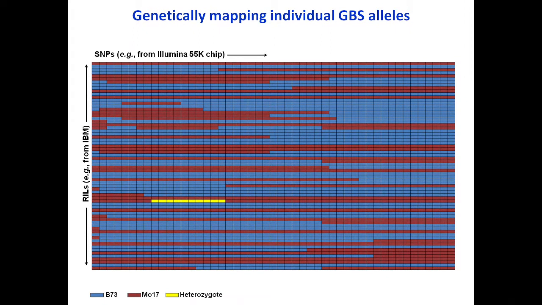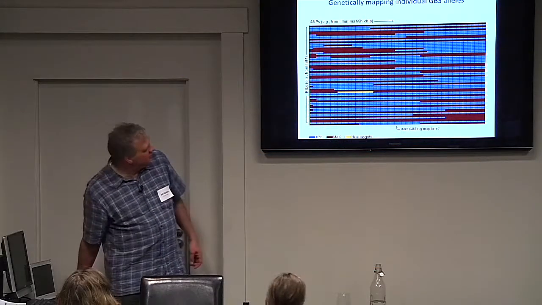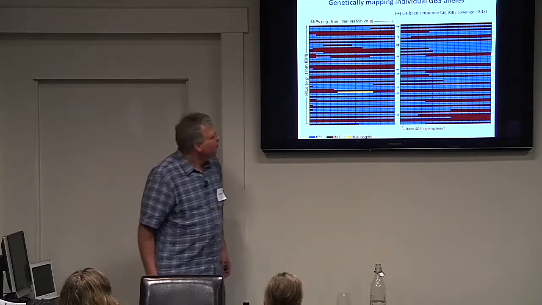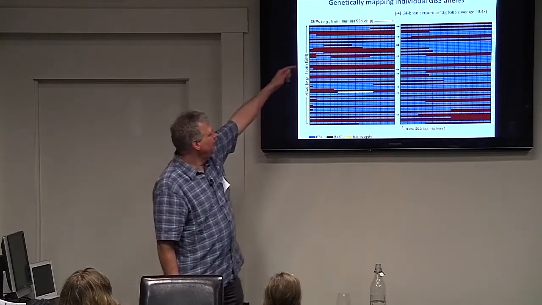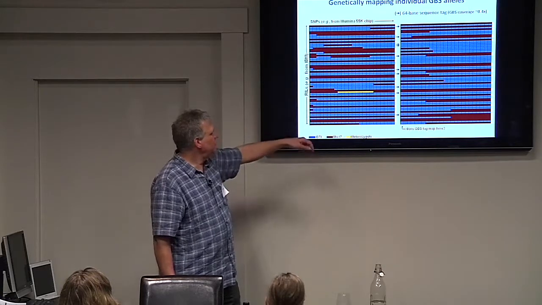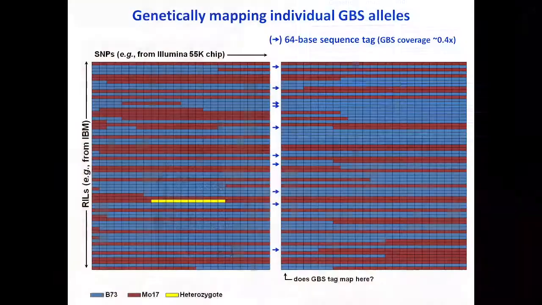Then I want to ask, does a GBS allele map to one of those places? For example, does it map right here? Let's split this open and ask that. Now I'm following the segregation of this tag. It's a blue tag, so it's a B73 tag, so it matches the reference genome, for example.